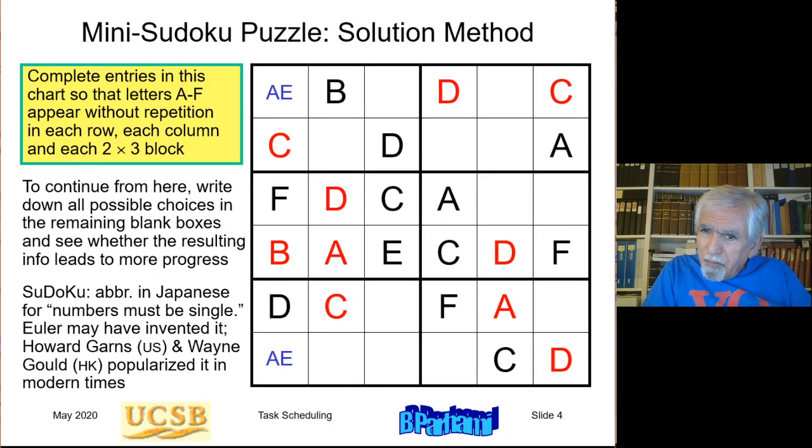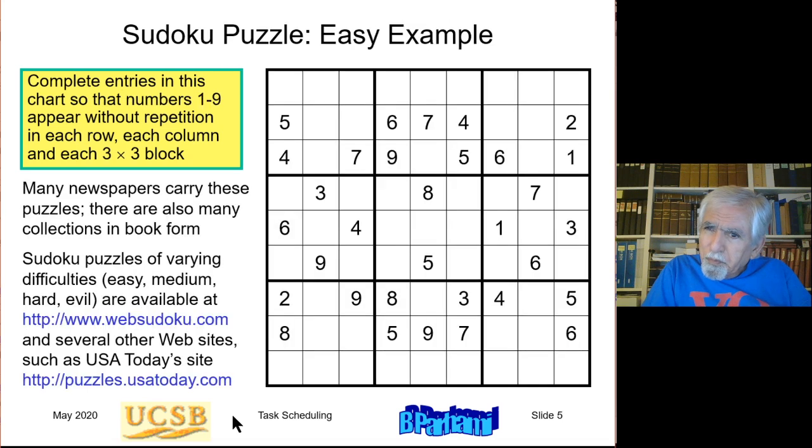Okay, so you can basically continue in this manner, and eventually this ambiguity will be resolved once you make other choices in the puzzle. Okay, this is an example.